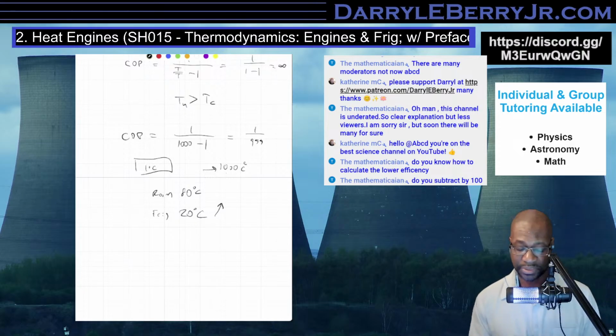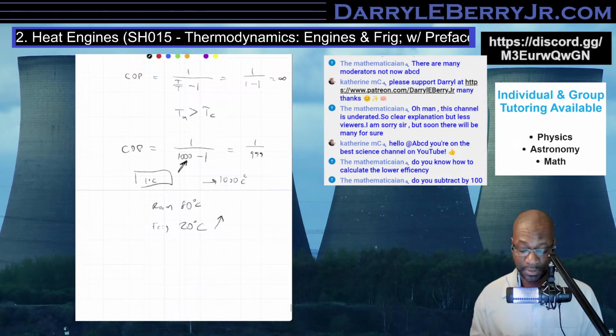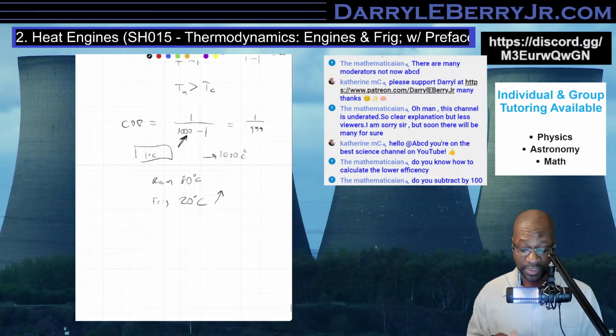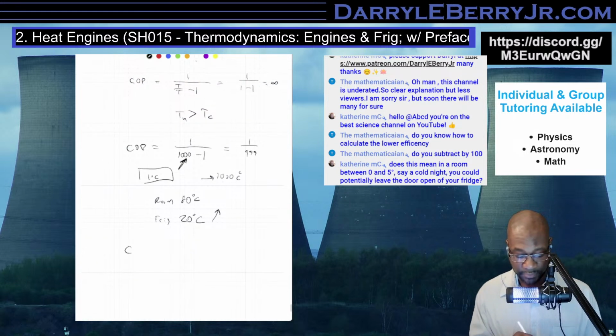So you could just plug those numbers into this efficiency, and you can determine the lower ceiling of your efficiency depending on your room. I chose a pretty extreme example to illustrate the point. Let's say your room is 80 and the fridge you want to be 20. We know COP equals 1 over 80 minus 20 minus 1.